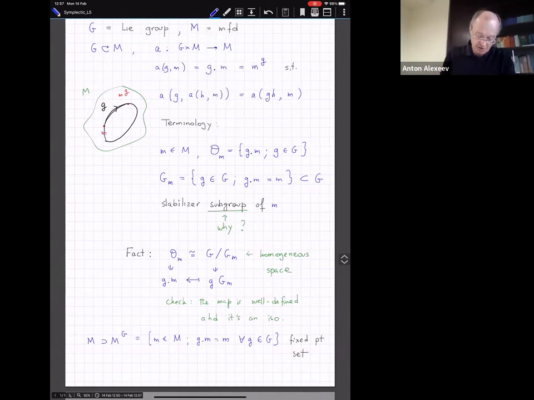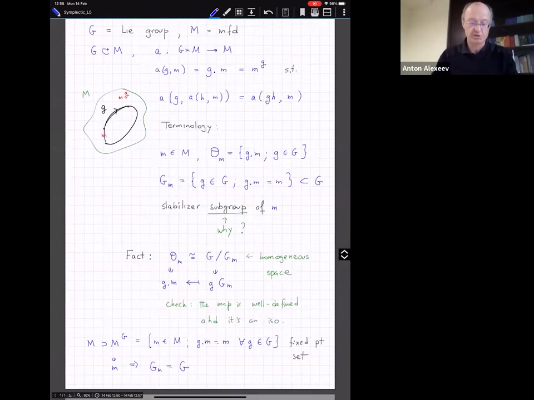Perhaps just to say that if you have a point M in M^G, then the corresponding stabilizer group G_M is simply equal to G. That's more or less by definition, right? So fixed point sets for the group, or for some of its subgroups, will play a big role in the symplectic geometry of group actions.